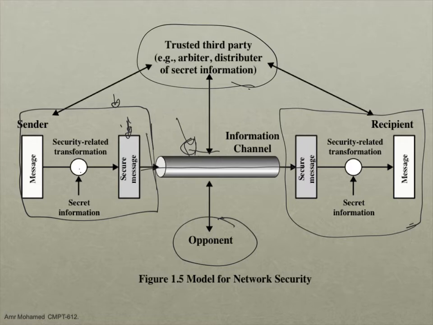It can be used to distribute the keys, as we will see later. It can be like a normal server that distributes the keys. But more often than not, we have some third party that facilitates this communication end to end and notarizes all the sending and the reception of the data on both sides.